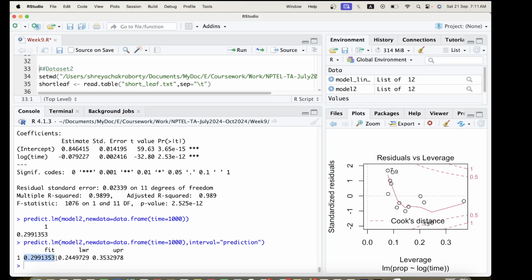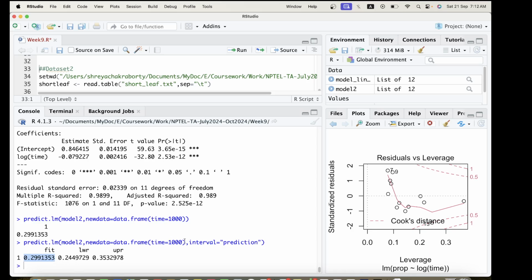Okay, so how do we actually interpret this?